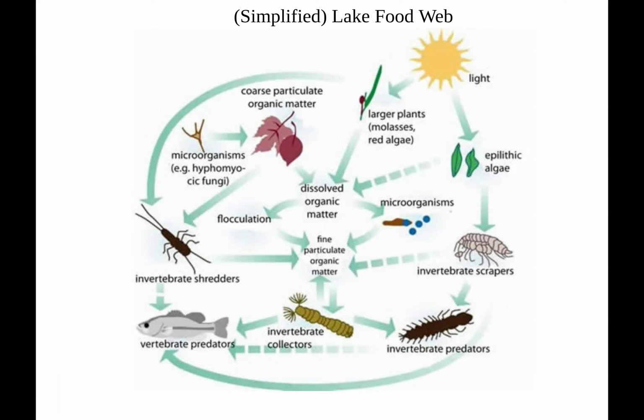And then when everything dies, it eventually goes into this pool of things that like to eat dead things, including microorganisms. And again, you notice that it's pretty heavily interconnected. This is simplified. These things can get much more complicated overall. But again, it's just a web of how things are put together, how things interact. Because you can imagine there's all sorts of positive and negative interactions or no interactions spread throughout this overall food web.